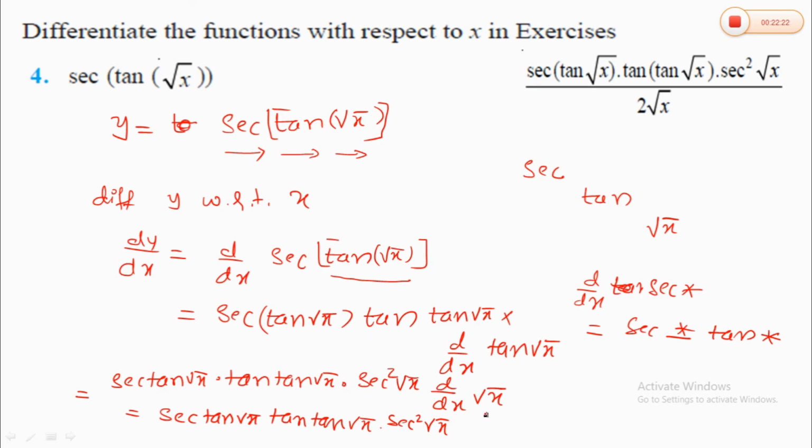The derivative of root x is 1 upon 2 root x.